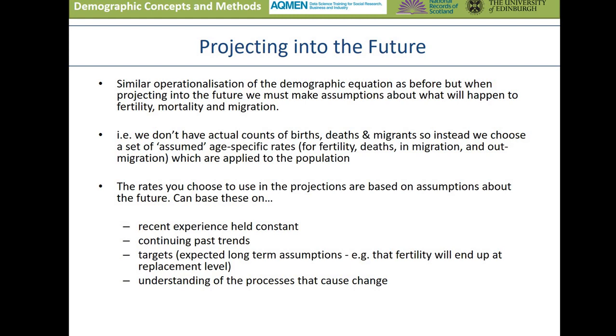Or we can produce a projection that seeks to understand the processes that cause change in population, particularly locally. If we know that there's going to be a local housing development, we might wish our projections to fill that housing development with people using a particular set of age-specific migration rates.